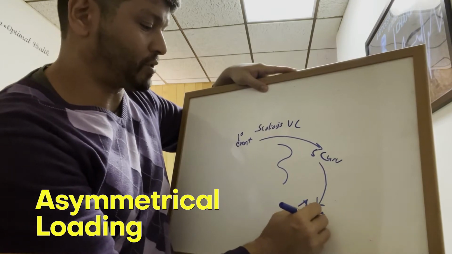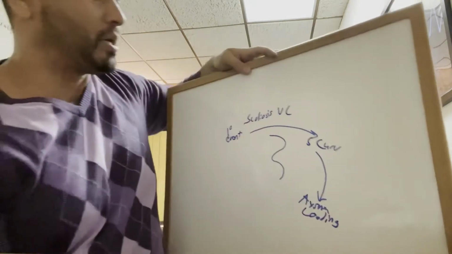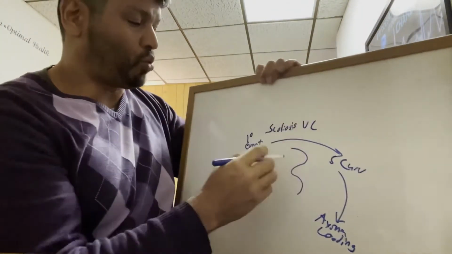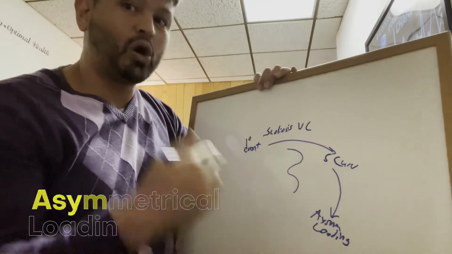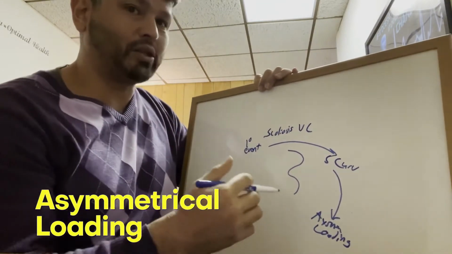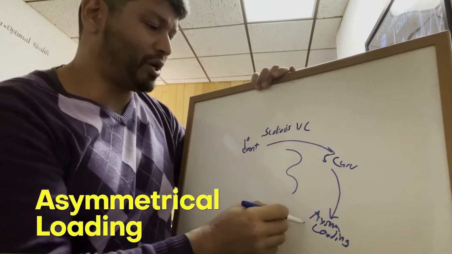Okay, what does asymmetrical loading mean? Asymmetrical loading is basically one side of the spine, when it's curved, has more of a load than the other side. When we have more of a load on one side, that side of the spine is going to have more pressure and more issues usually.